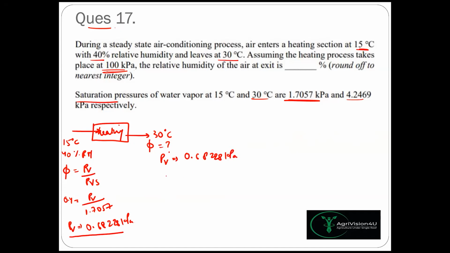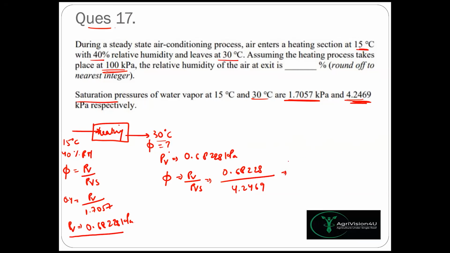And here we can find the relative humidity, which will be equal to PV by PVS at 30 degrees Celsius, because we are talking about 30 degrees Celsius. So the saturation vapor pressure would change, and here we have 0.68228 divided by PVS, that is the partial pressure of the vapor at saturated conditions at 30 degrees Celsius, and that is given as 4.2469.